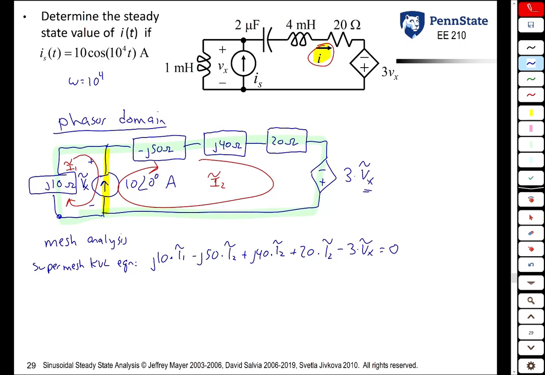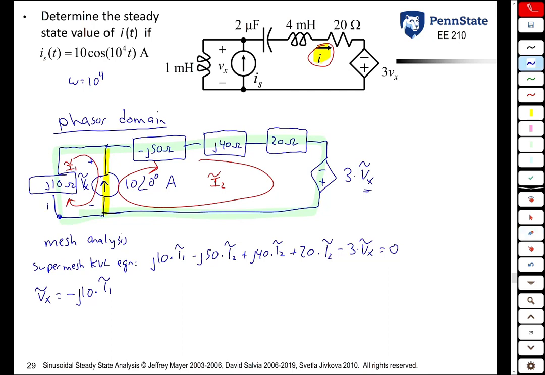So we notice that Vx, which is the voltage across the current source, is also the voltage across the 1 millihenry inductor on the left, and we see that Vx tilde is nothing more than negative J10 times I1 tilde. Why is it negative?